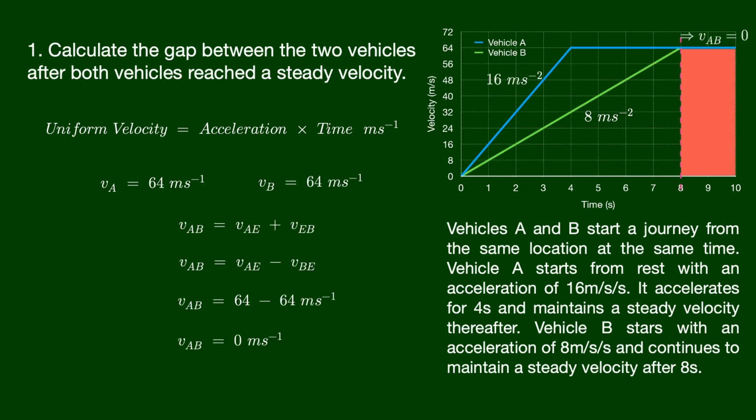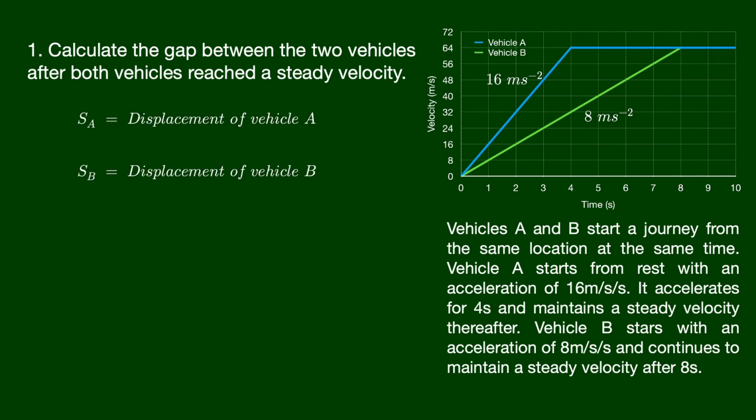Therefore, the velocity of vehicle A relative to the velocity of vehicle B is 0 after the 8th second. In other words, the distance between the two vehicles will remain unchanged after the 8th second. The difference in displacement of the two vehicles just before the 8th second is the distance that the two vehicles will maintain from that point onwards.